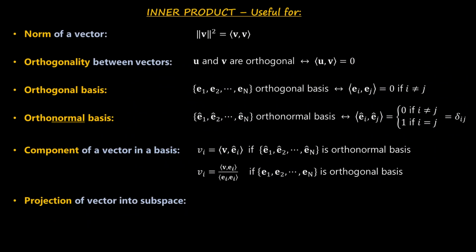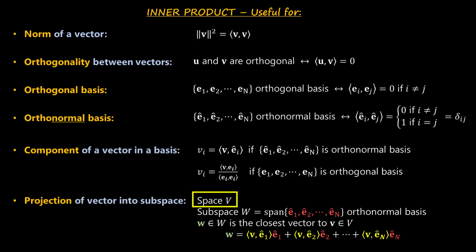So the general recipe in an n-dimensional space can be formally written as follows. Consider a space capital V. Now consider a subspace capital W, which is spanned by an orthonormal basis with basis vectors e1 hat, e2 hat, all the way up to en hat. Imagine a vector V living in space capital V and a vector W living in space capital W. The vector W, which is as close as possible to V, is given by this equation.